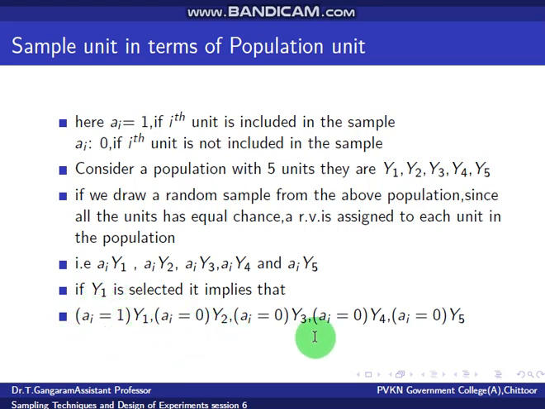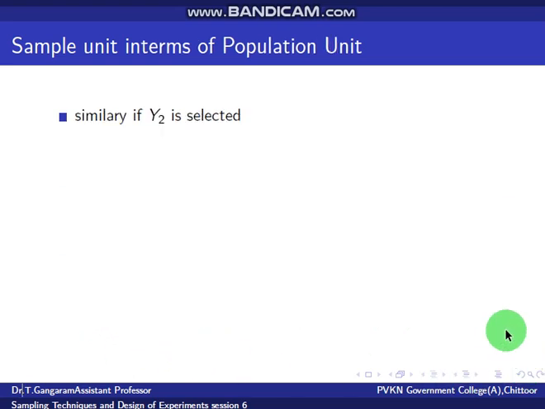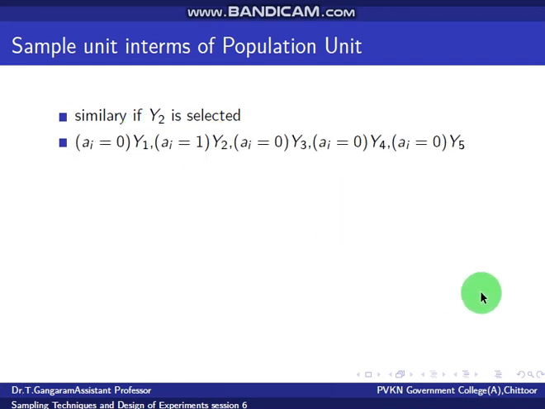All the remaining ai's are 0 because they are not selected. In one draw, we can select one unit only, so ai is equal to 1 for Y1. Similarly, if Y2 is selected, for Y2 only ai is equal to 1. All the remaining units are multiplied with 0.